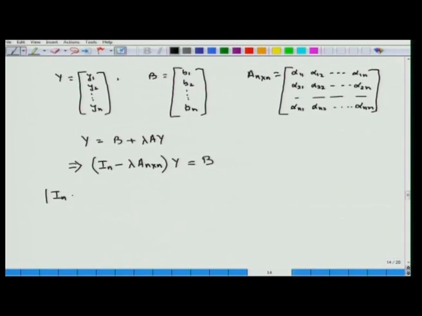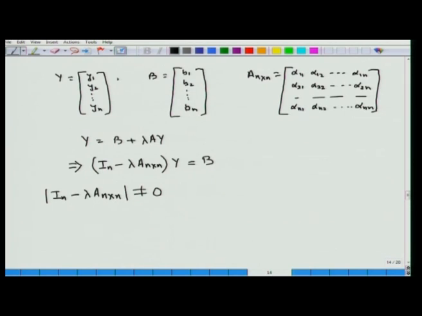So, whenever the determinant of I_n minus lambda A is not equal to 0, then we will have a unique solution. And if the determinant of I_n minus lambda A is equal to 0, then we will have either an infinite number of solutions or no solution.